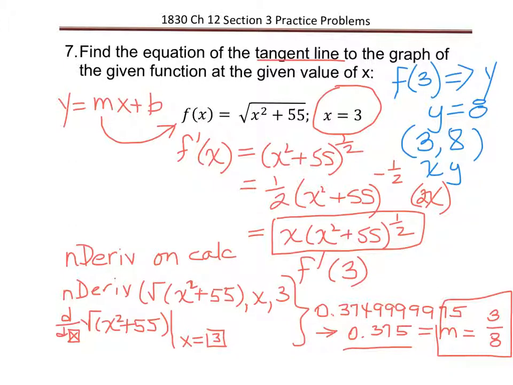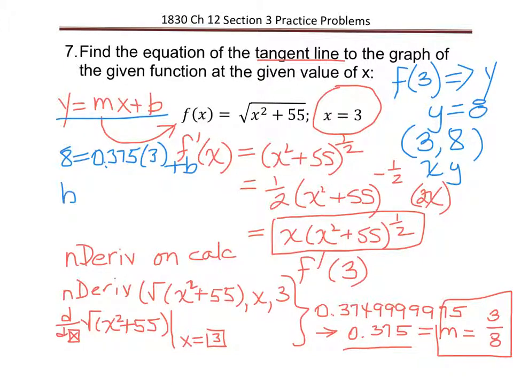And so returning up here to our y equals mx plus b, that means that we have y, which is 8. We have a slope, which is 0.375. We have an x value, which is 3. And that's plus b.